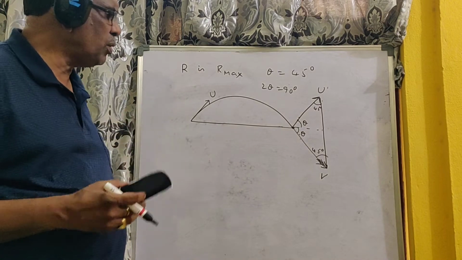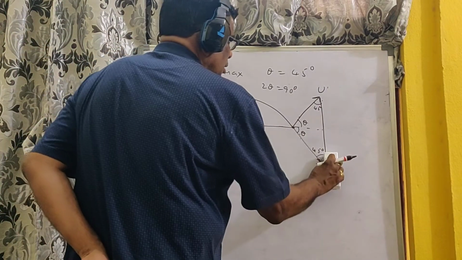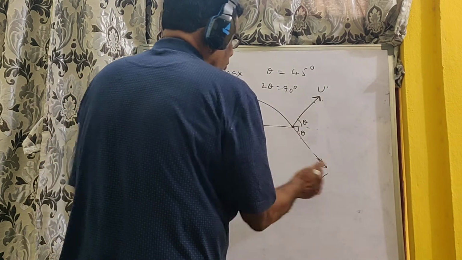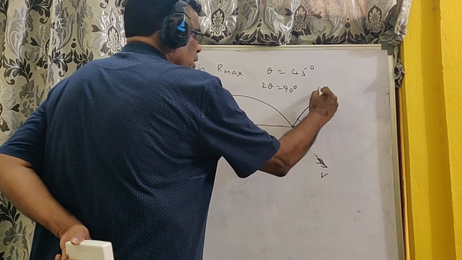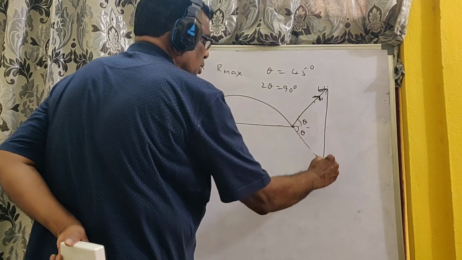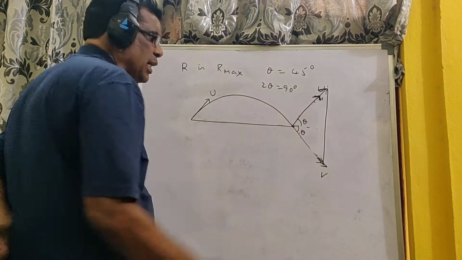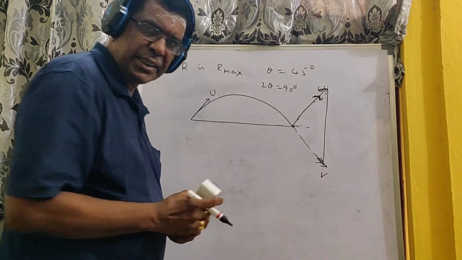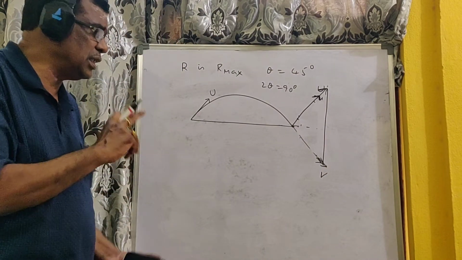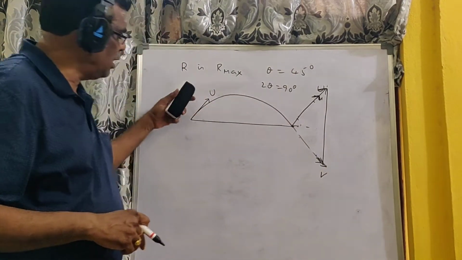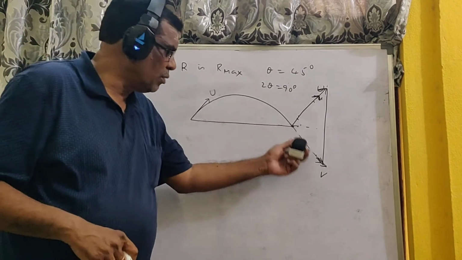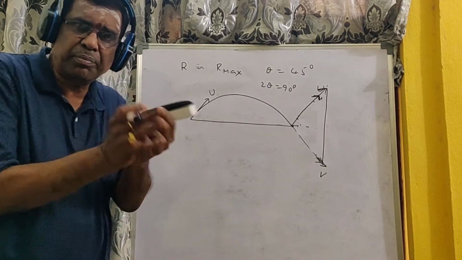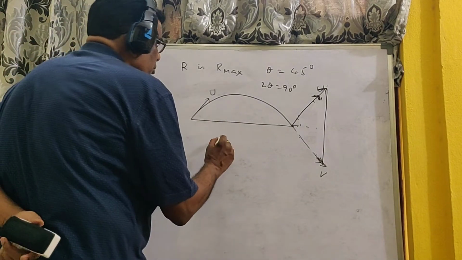Now, presuming these two are not one and the same, I take u to be something like this. Still this is 90 degrees. This may not be theta, but the point I am discussing is very important. The initial velocity vector and the final velocity vector at the landfall must be perpendicular to each other.